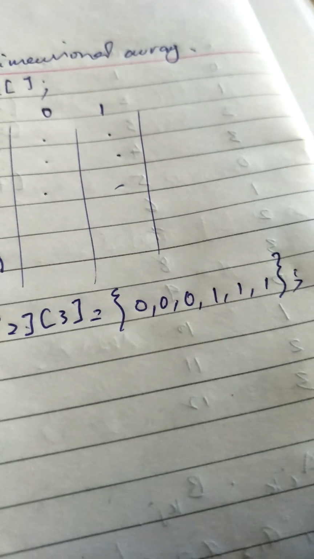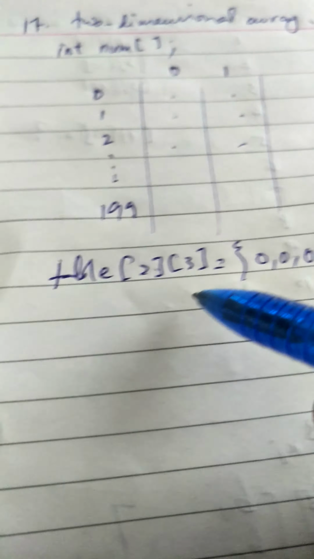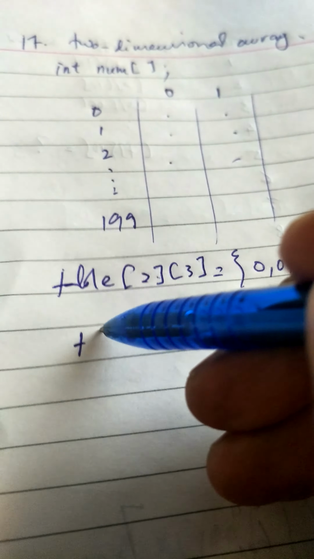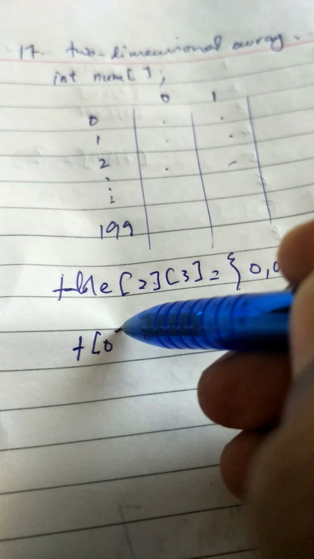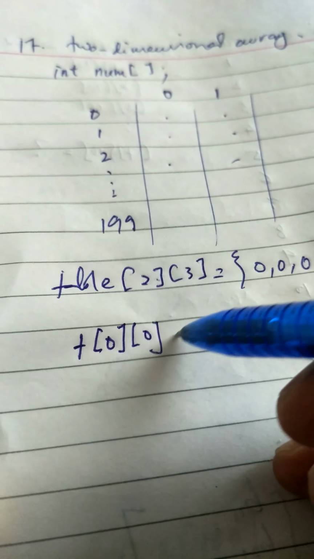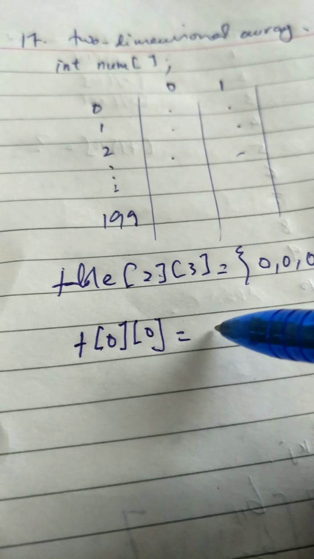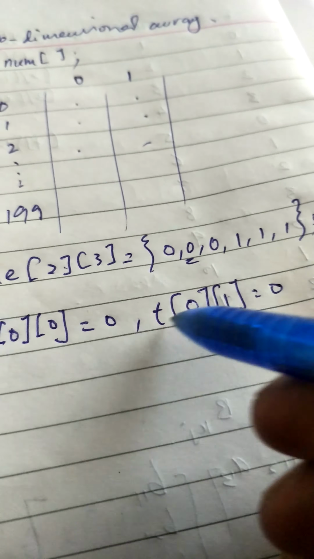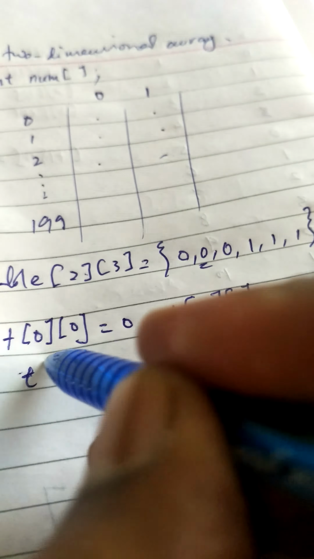For each of those elements, I just write t for the table. So t 0 0 takes the value 0, t 0 1 takes the value 0, the second element, and t 0 2 is 0.